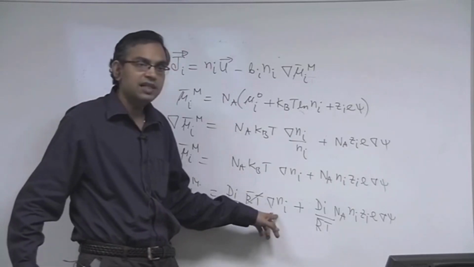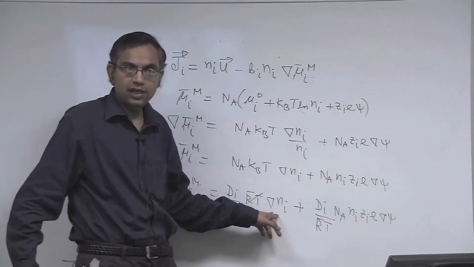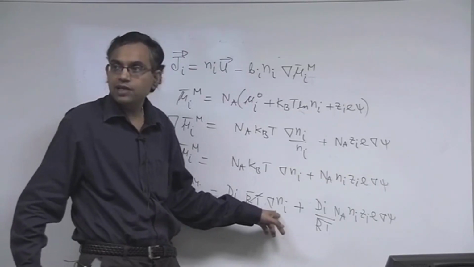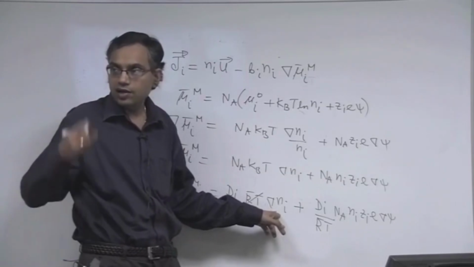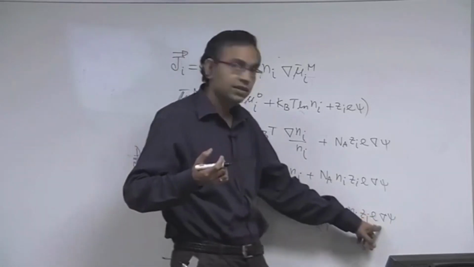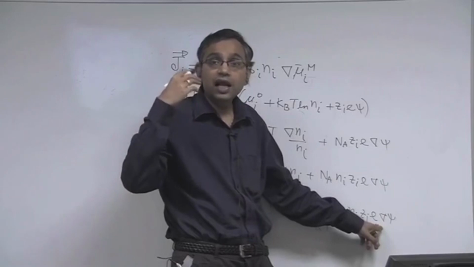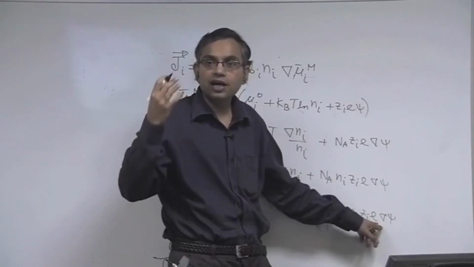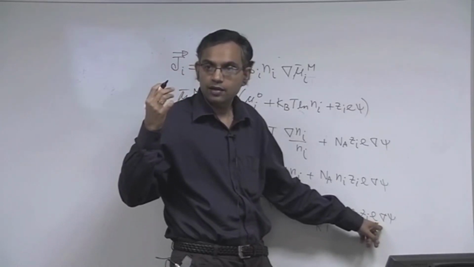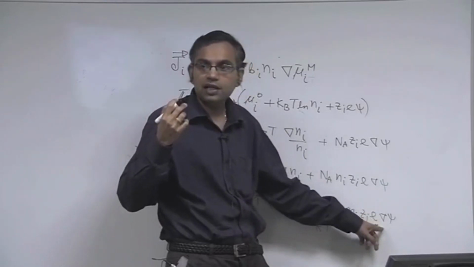So this is just like Fick's law of diffusion, right. This flux is just like Fick's law of diffusion, because ions after all are chemical species, but this additional term is because of the electrical potential, and that is because the ions have charges. Because of the electrical potential this additional term is there.